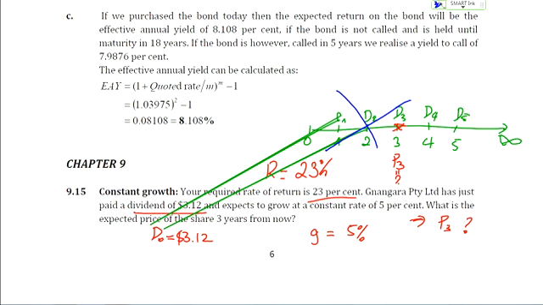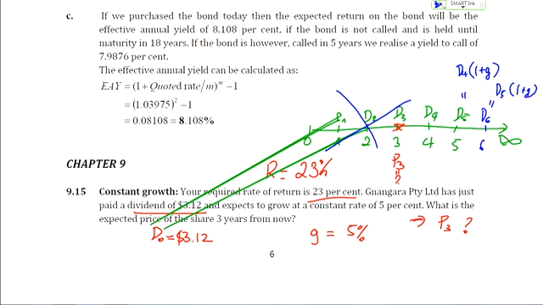So D5 is equal to D4 times 1 plus g. D6 is equal to D5 times 1 plus g. Okay? So you need to find the present value at time 3 of D4, D5, D6 to D infinity.